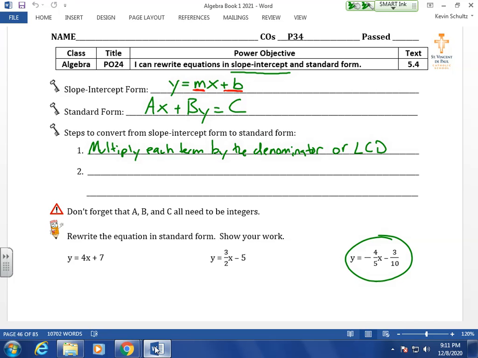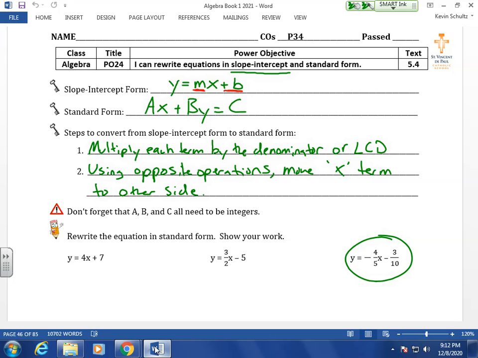Once we do that, step 2, and I never know why I give two lines for step 2, it's not really all that long of a step, but basically, using opposite operations, we're going to move the x term to the other side.